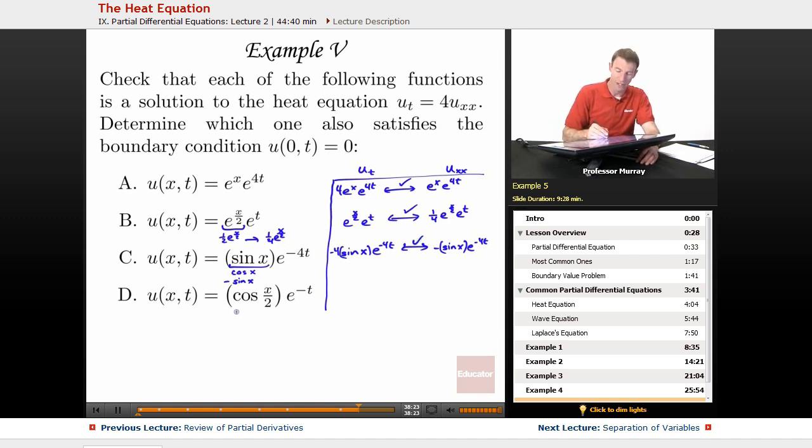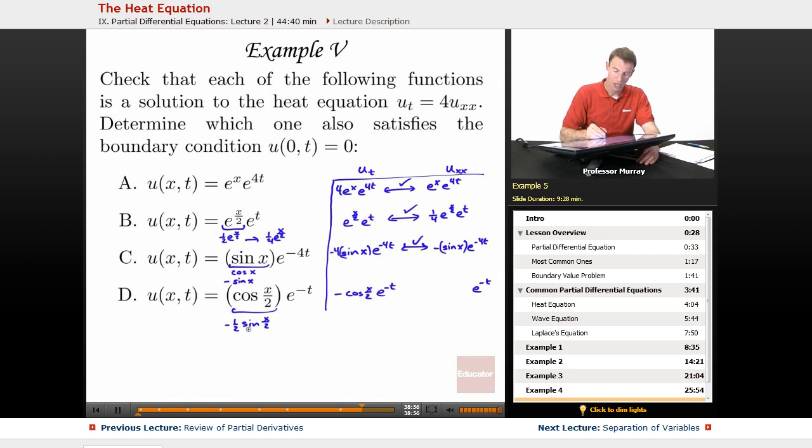Now let's look at u of x, t equal to cosine of x over 2 times e to the negative t. Our u sub t just has cosine of x over 2 coming down as a constant, and the derivative of e to the negative t is negative e to the negative t. For u sub xx, the e to the negative t is going to come down as a constant. The derivative of cosine of x over 2 is negative sine of x over 2, but then we have to multiply by 1/2 by the chain rule.